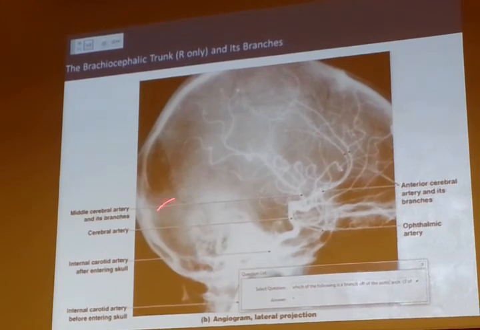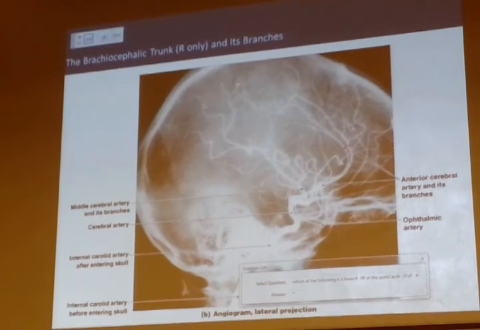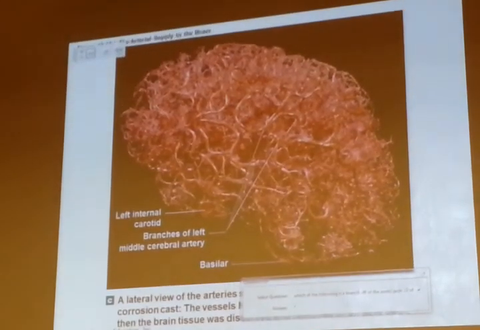And then the posterior part will have blood flow from your vertebral arteries. But they injected the contrast dye into the carotid, so the anterior vessels show up more than the posterior vessels.